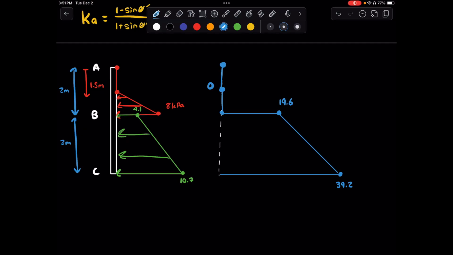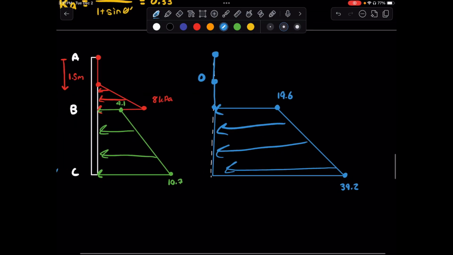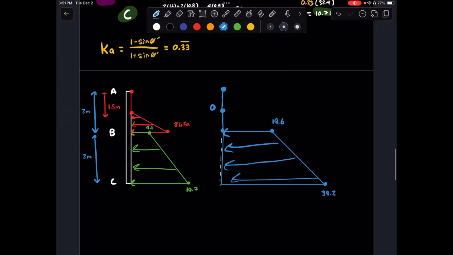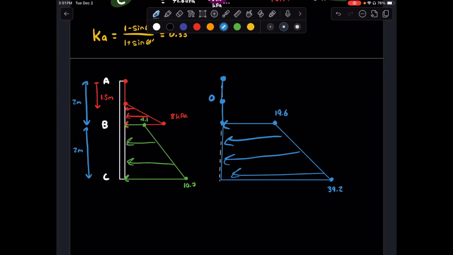Then we're going from 19.6 to 39.2. And we can just draw our arrows now. Those are horrible, but they are horizontal. And so that's the final answer.